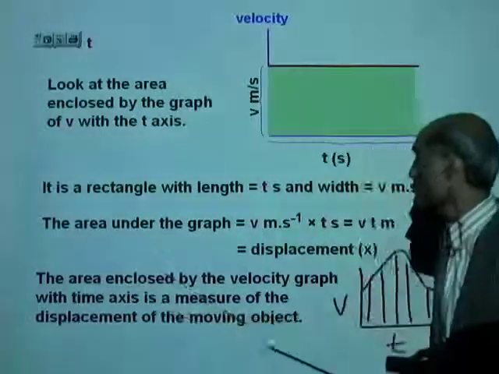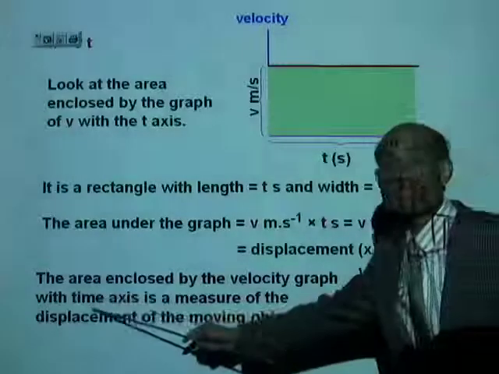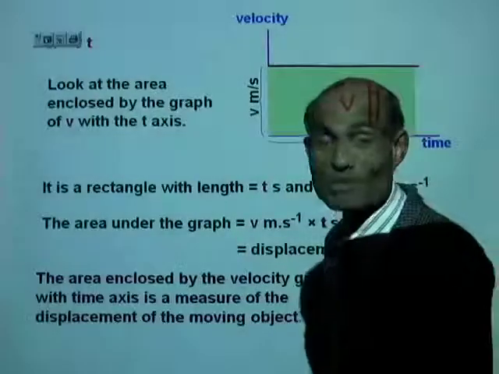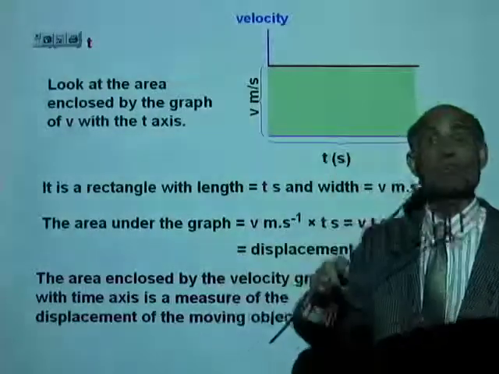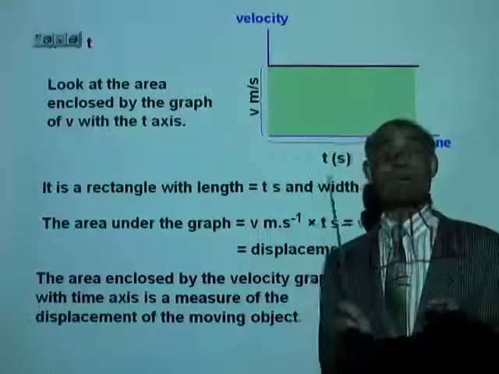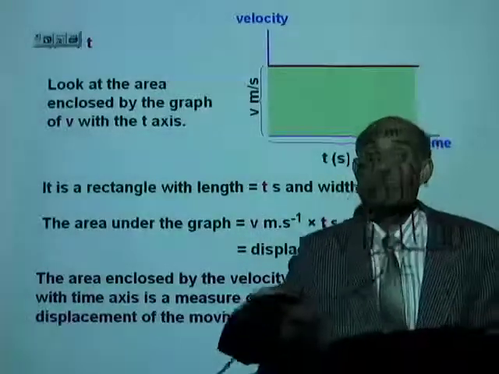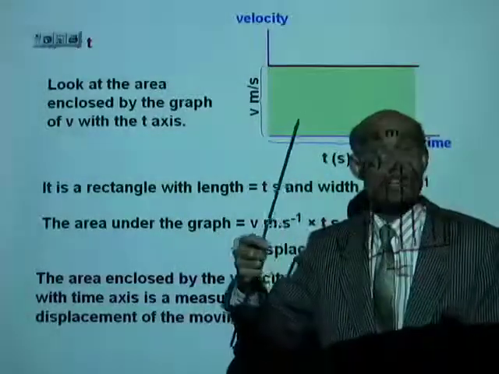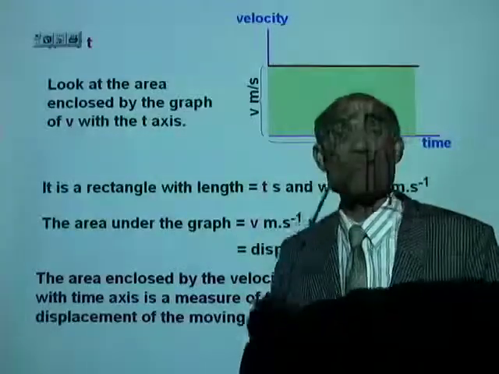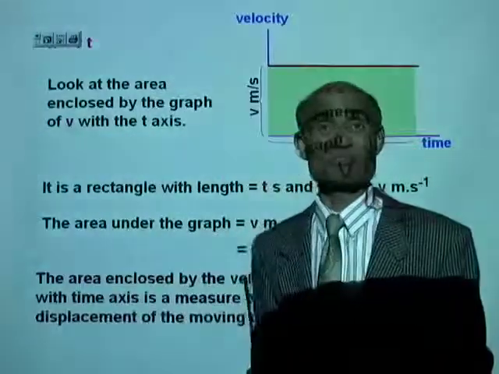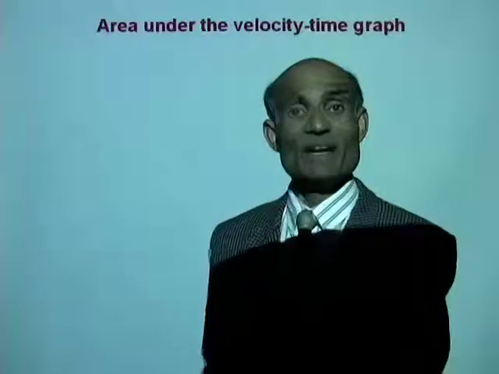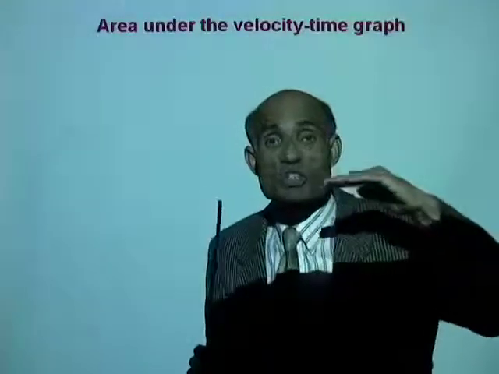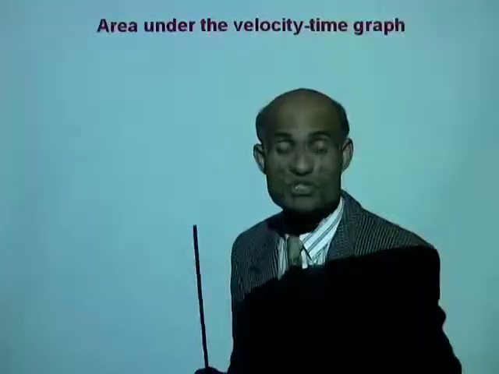So if I give you a velocity against time graph, and if I ask you to find the displacement of the object, all you need to do is measure the area enclosed by the velocity graph with the time axis.